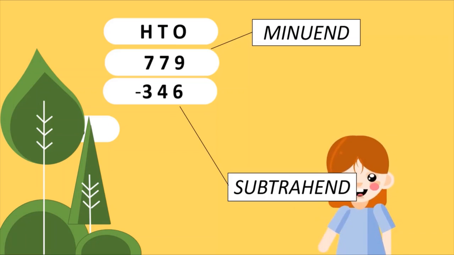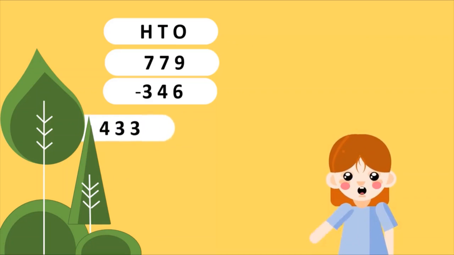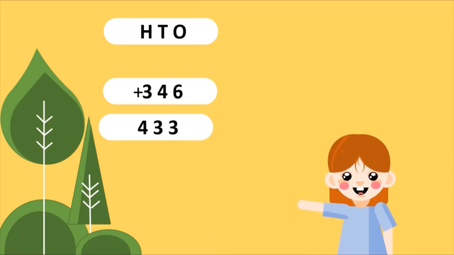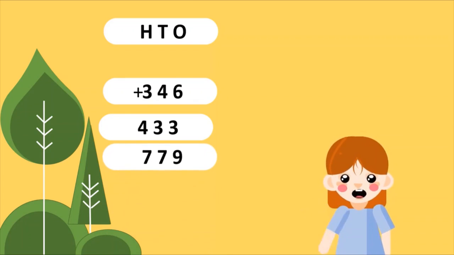Now we see when we subtract 346 from 779, we get 433. Now if we want to check whether the subtraction is correct or not, we may add the subtrahend and the difference, and the number that we get should be equal to the minuend.